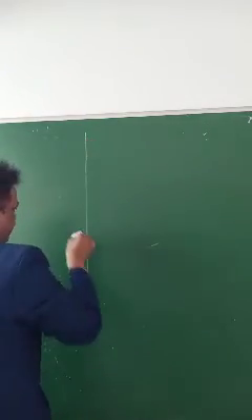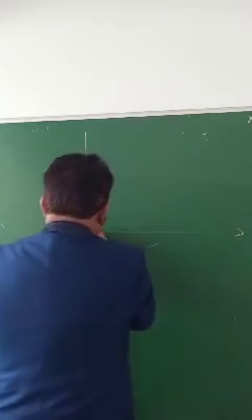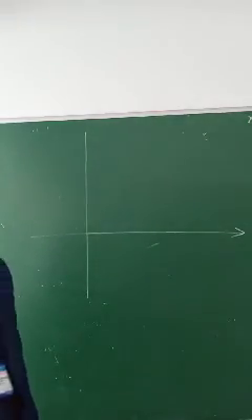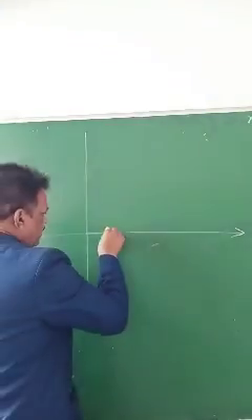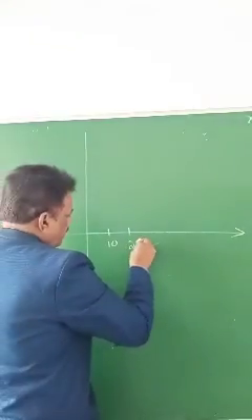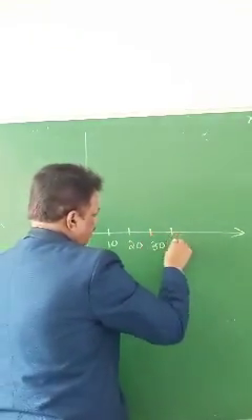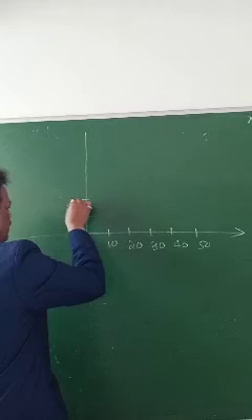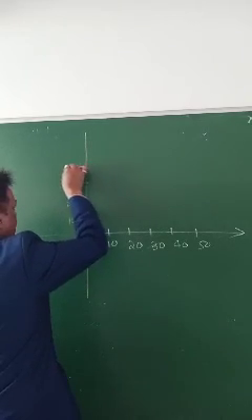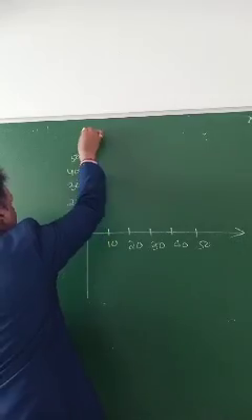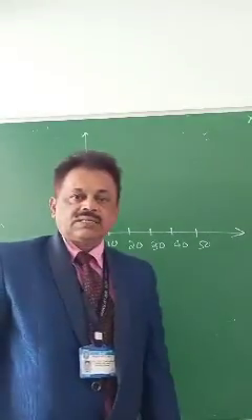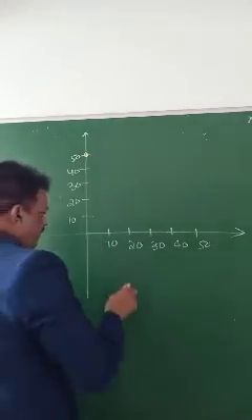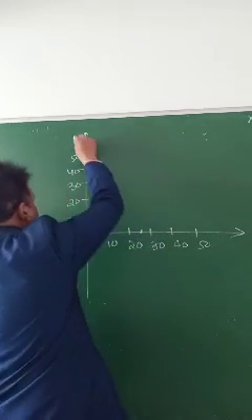See the graph. Take 10 units: 10, 20, 30, 40, 50 on both axes. The first line passes through 0, 50 and 25, 0.